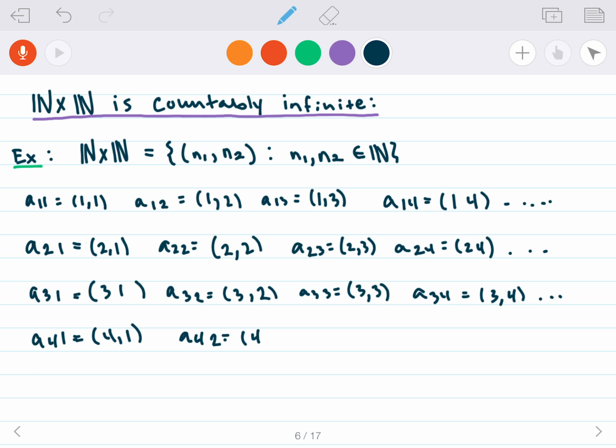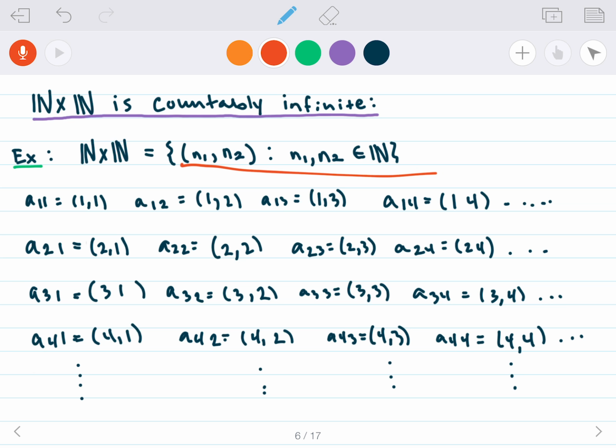I should have probably written this before, whatever. All right, so this continues on horizontally and vertically. So this is our matrix representation of this set here.